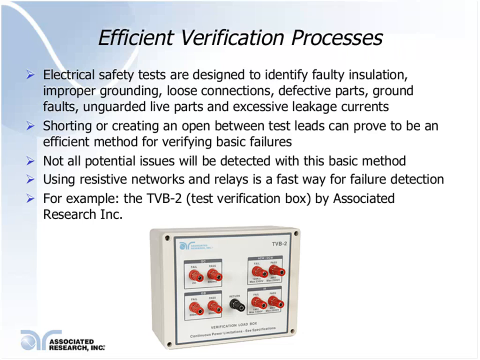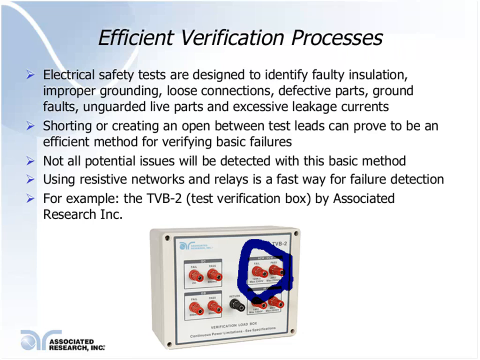If you note on the box, each test type contains two posts. One post is for a pass and one is for a fail. For example, here we're looking at the voltage withstand portion of the test box, and there's one pass terminal and a fail terminal.